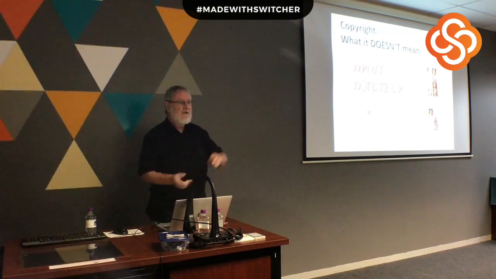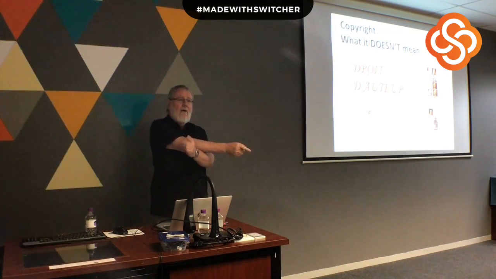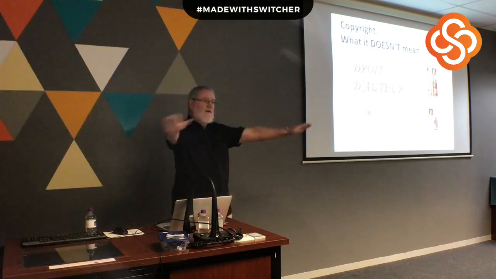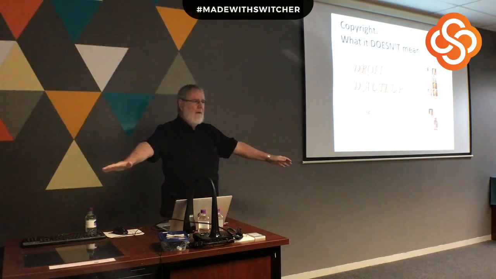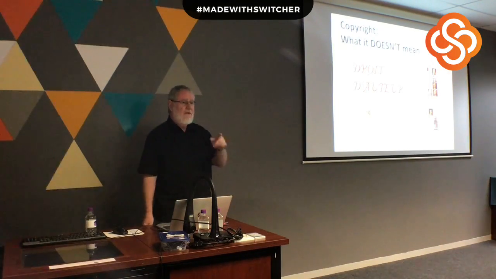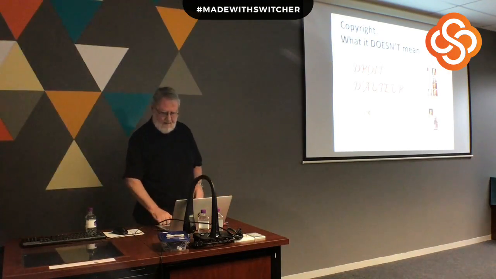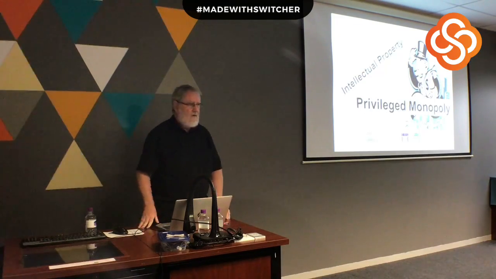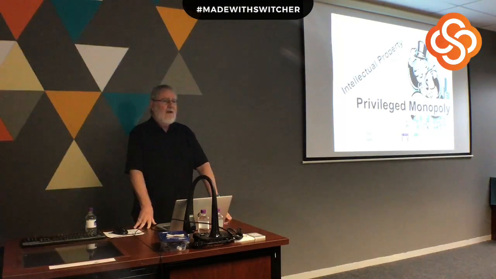But in 1963 they turned it upside down, and they said now everything is copyrighted. And if you want people to freely be able to access your work, then you have to put in a special license. And today we have the Creative Commons license for that. So they use the word intellectual property.